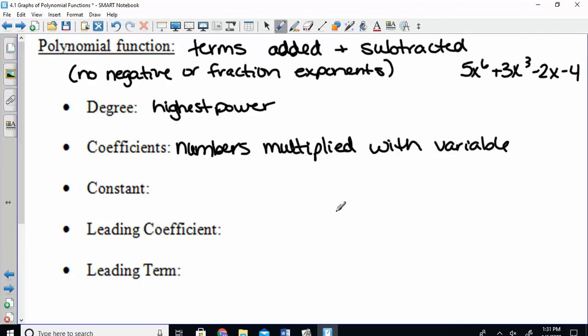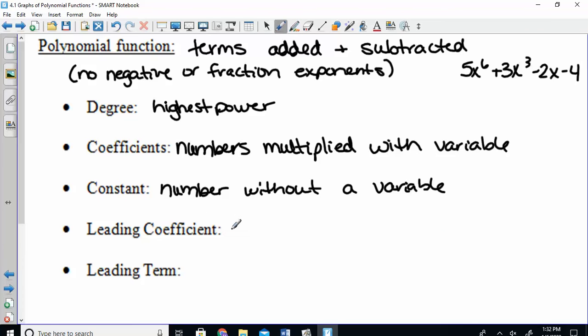Those numbers out in front of your x, those are the coefficients. What's a constant? It would be a number without a variable. So what's the constant in this example? Negative 4. Since it's a minus in front of it, we'll go ahead and call it a negative 4.